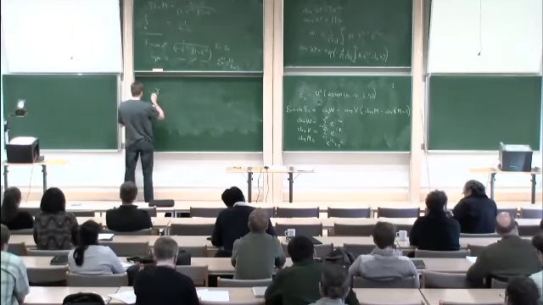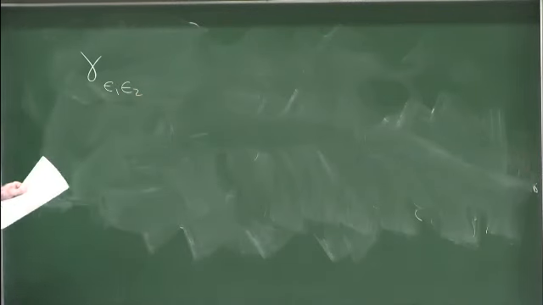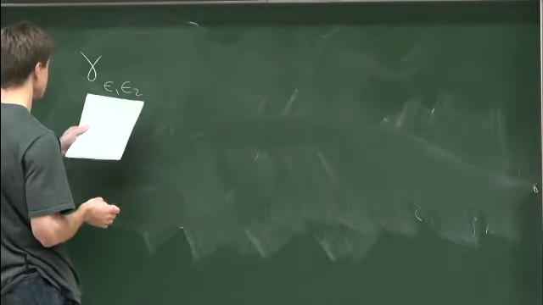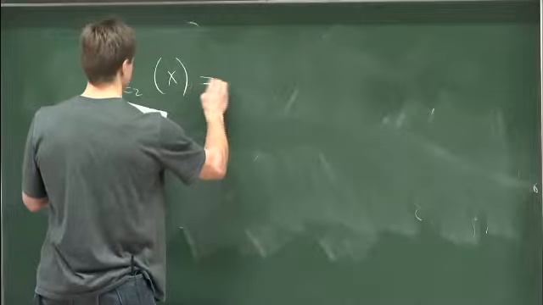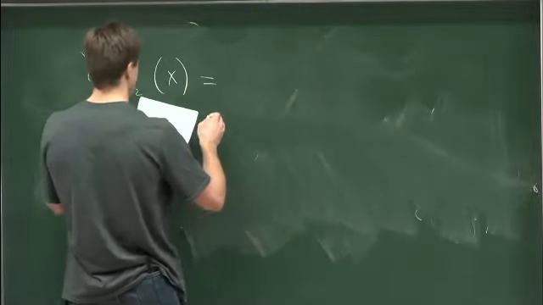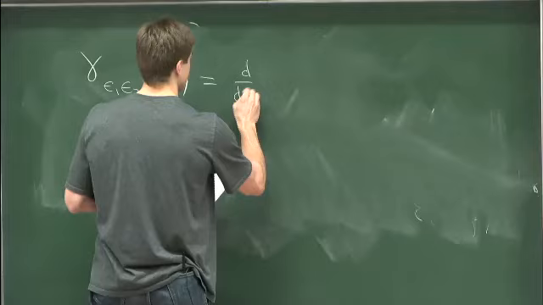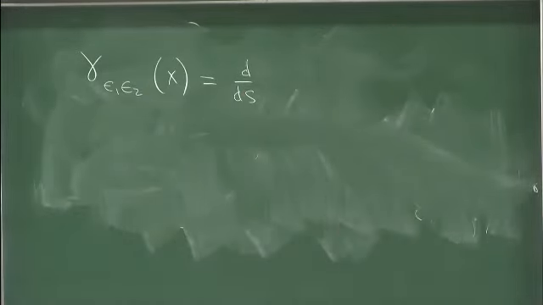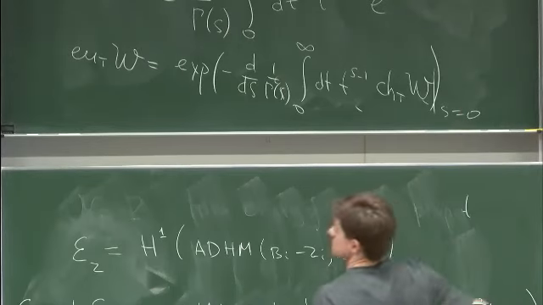Well, this function has a name as a special function, the Barnes factorial function with parameters epsilon1, epsilon2. It is defined as a function of complex variable x as an analytic continuation of the integral. Well, you should really take that, evaluate the derivative at s equals 0.